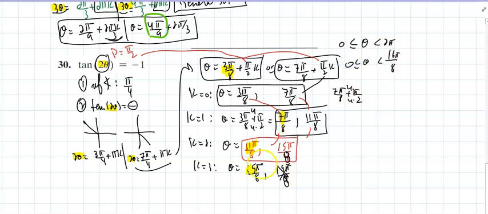So, there it is. Do you notice that 7 pi over 8 is right there, 11 pi over 8 is right there, and 15 pi over 8 is right there? This only happens with tan and cotan. So if I take 3 pi over 8, the very first, and the 7 pi over 8, and the 11 pi over 8, and the 15 pi over 8, all of these are repeating.